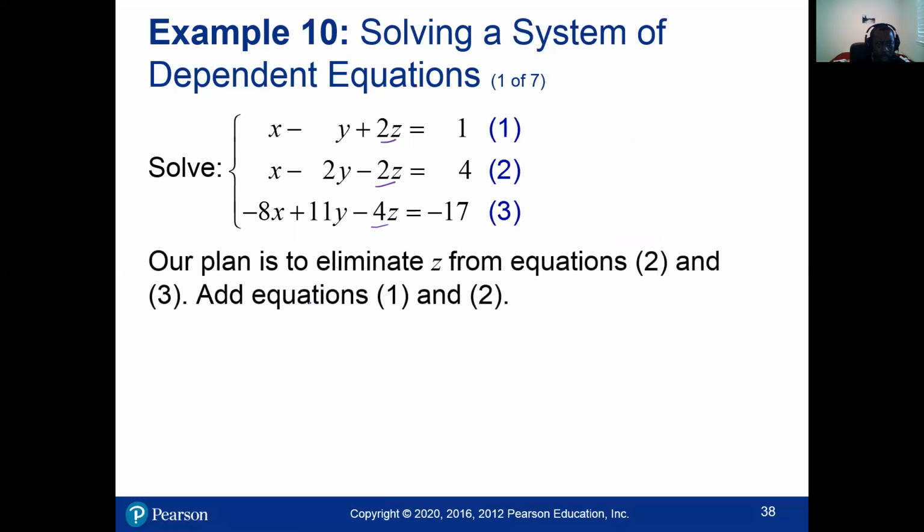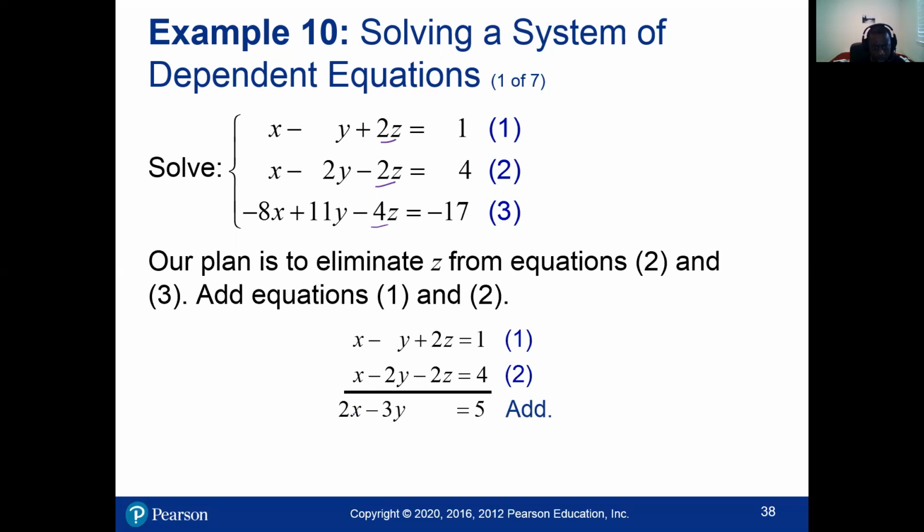So our plan is to eliminate z from equations 1 and 2, and then 1 and 3. First let's add equations 1 and 2. When we add them, this would be 2x minus 3y equal to 5. That will be our equation 4.